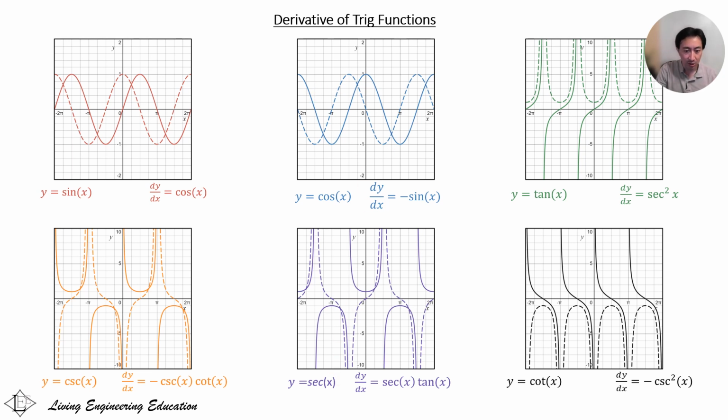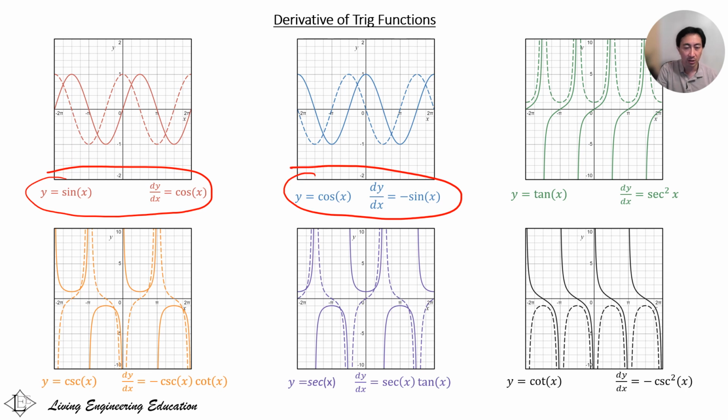But the main thing to remember is you want to memorize this derivative and this derivative, and then use your unit circle to recognize just that first phase in both of these graphs to help make sure you have the signs correct. Just from this alone, you can build upon it with some of the other rules that we're going to teach you in future videos, and have the ability to solve for many complex trig derivatives.